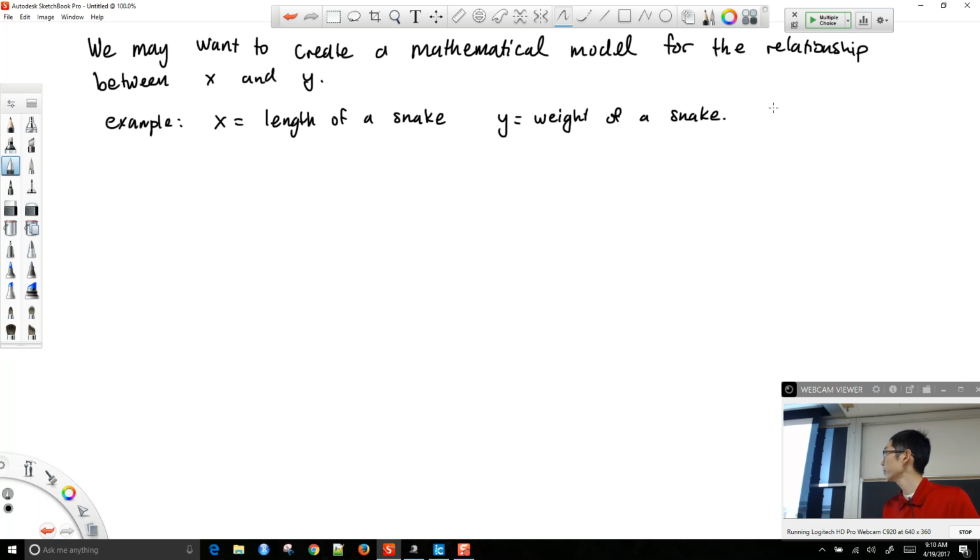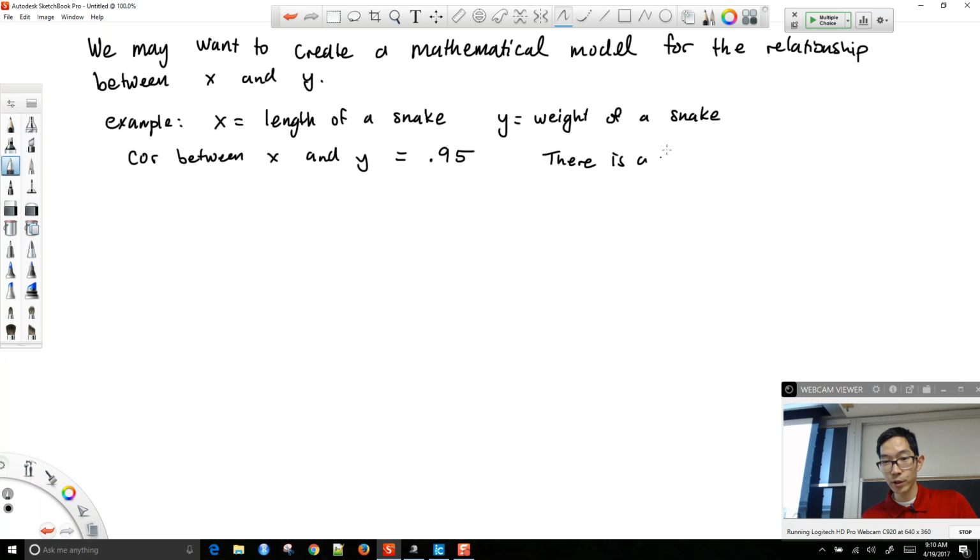Now we may find a strong correlation, and we might find the correlation between X and Y is equal, I don't know, to 0.95, and there's a linear relationship.